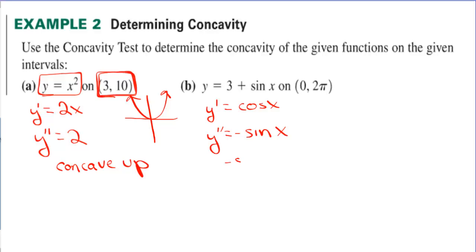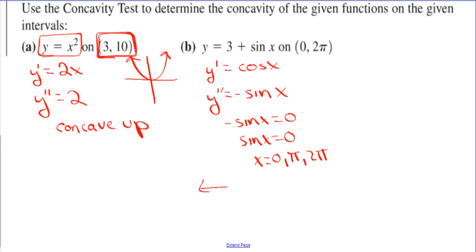So we want to know where negative sine of x is equal to 0, which is where sine of x is equal to 0. Sine of x is 0 at 0 and 2 pi. Actually, we have pi also, don't we? So x equals 0, pi, and 2 pi.